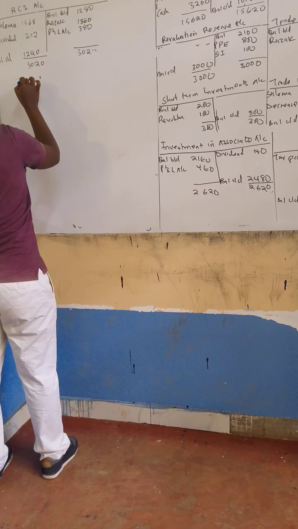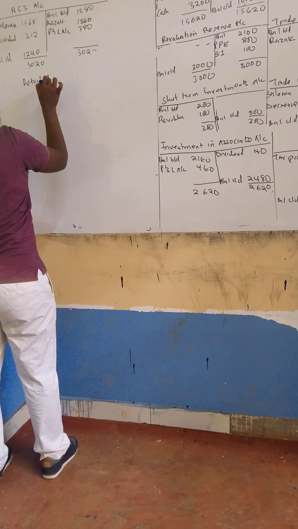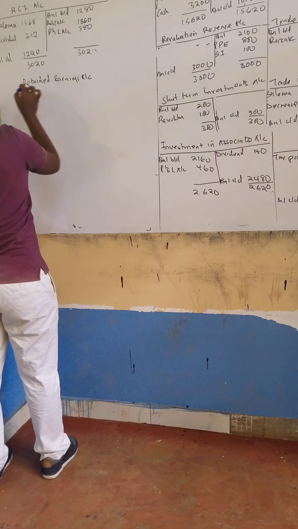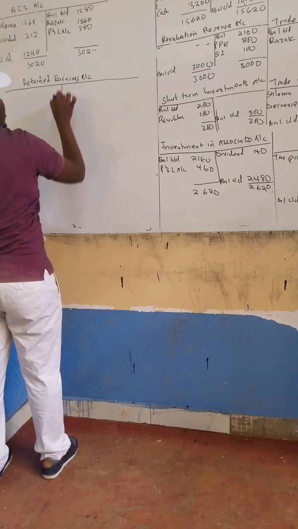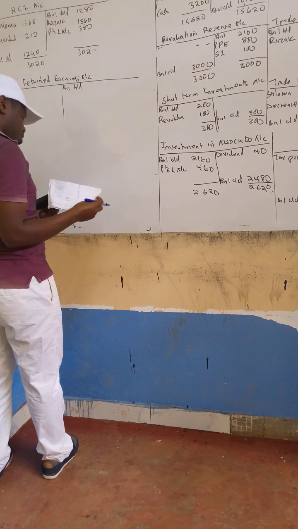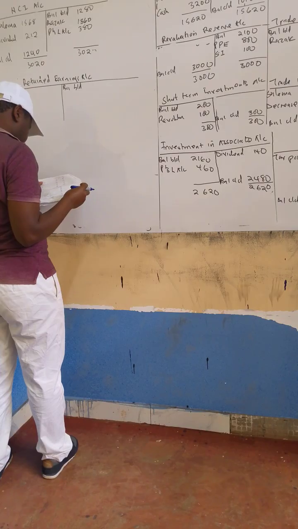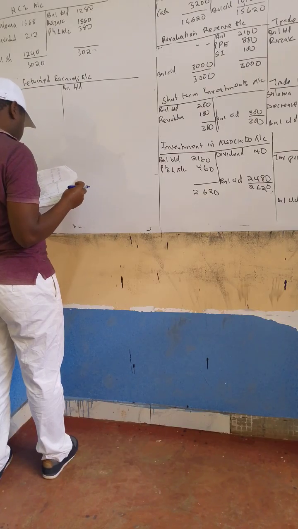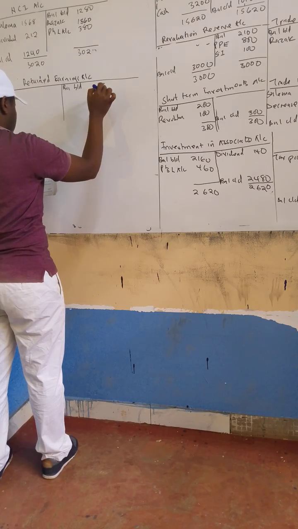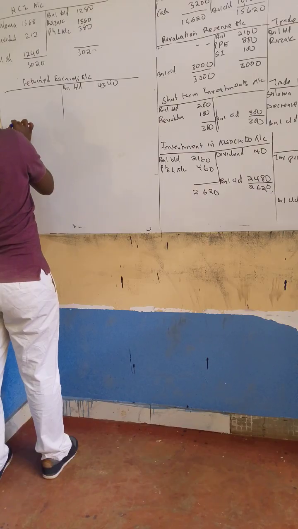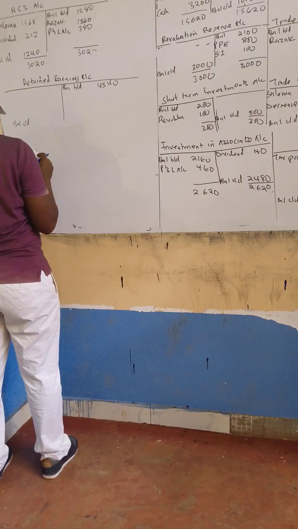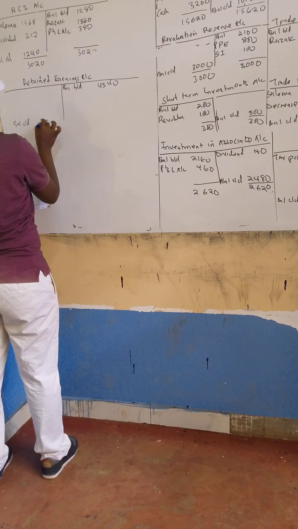We find that by running the retained earnings account. Of course, balance carried down. Retained earnings account was 4340, and then balance carried down for retained earnings was 7020.